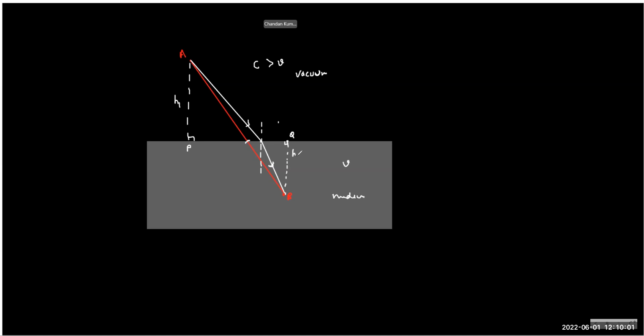Let's call H1, let's call H2, let's call alpha, let's call beta, and so on. Or you can say I and R. So the time taken to go from A to B will be how much? Let's call the point O. So time will be AO upon the speed of light in the first medium, let's call it V1, just to make it a general formula, plus you will travel O to B with a different speed V2.